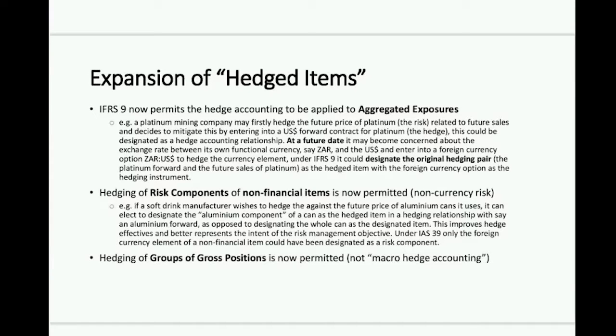You might ask, what's the difference? The eventual selling price of a can could be, for instance, 70% the price of aluminium plus 30% things like conversion costs, labor, machinery, etc., that are added on to the price of aluminium to arrive at a final price.